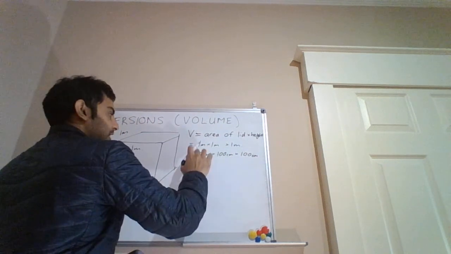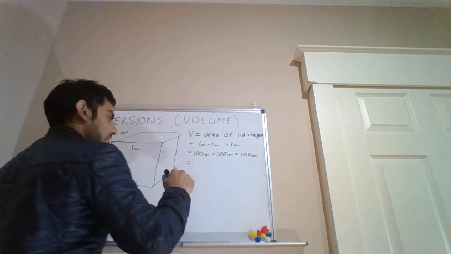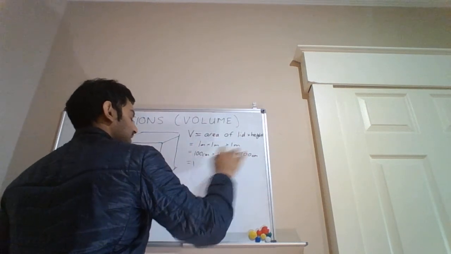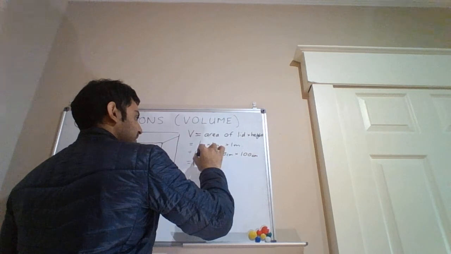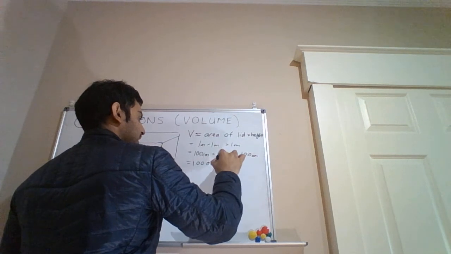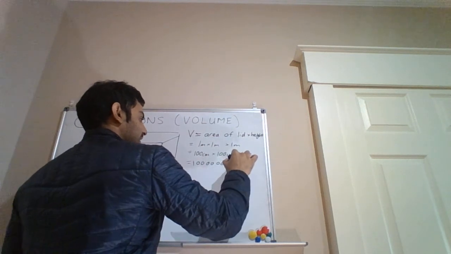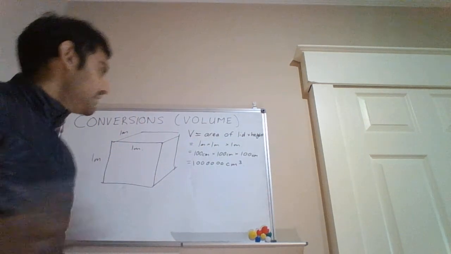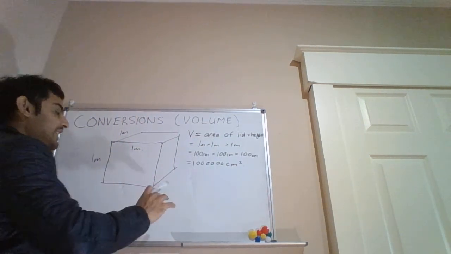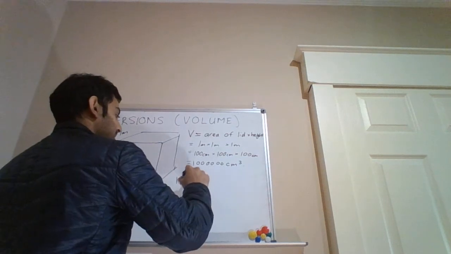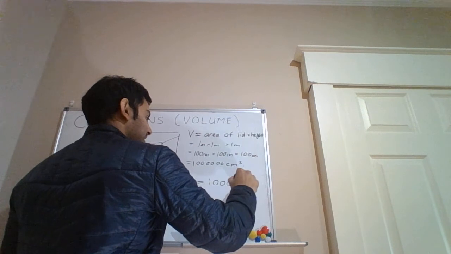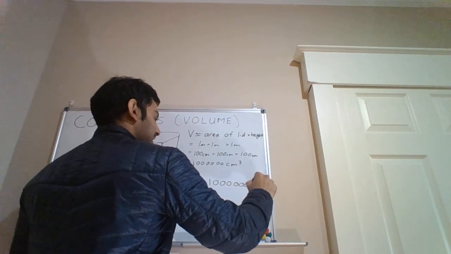So now we've got 100 times 100 times 100. So I just put a 1 and I count the 6 zeros. So it's 2 for the first, 2 for the second, 2 for the third, and then don't forget our unit, centimeters cubed. Okay, so what this is telling us is that 1 meter cubed is the same as 1,000,000 centimeters cubed.